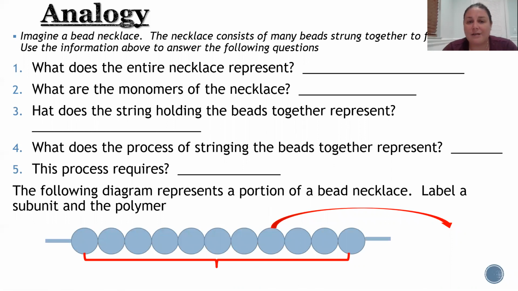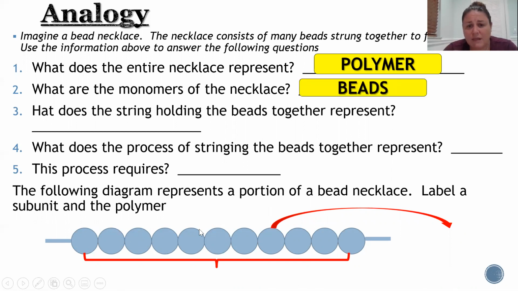And so the analogy that I like to use is with a beaded necklace, and you can see the image of the necklace at the bottom of your screen. The entire necklace really represents the polymer. And the monomers of the necklace are the beads that get repeated over and over and over again.